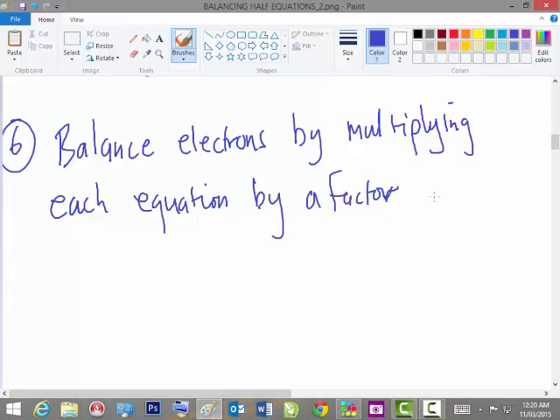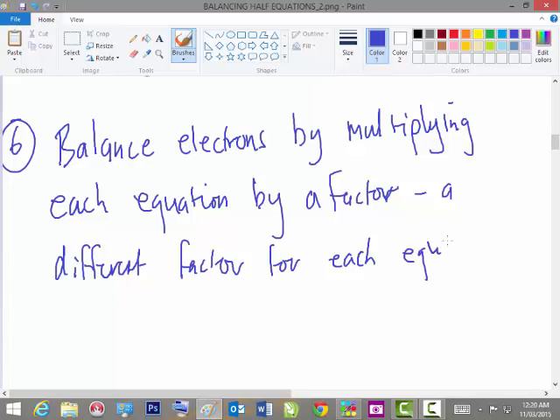Usually a different factor for each equation.